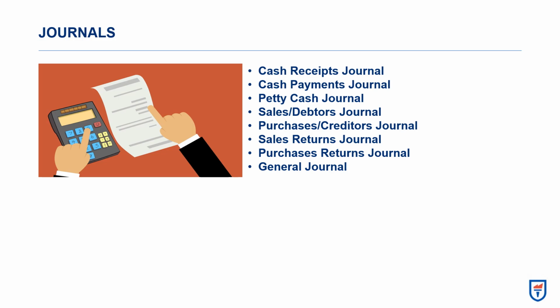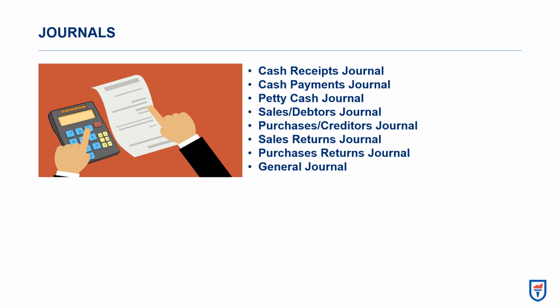Then we have what is called the sales returns journal and the purchases returns journal. In the sales returns journal, it's where you are recording the returns by the customers to the business. When the business sells goods on credit to their debtors or customers, and they find that those goods are damaged or the wrong items were delivered, when they return them, you record that in the sales returns journal.